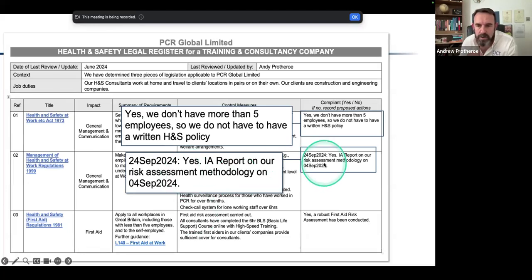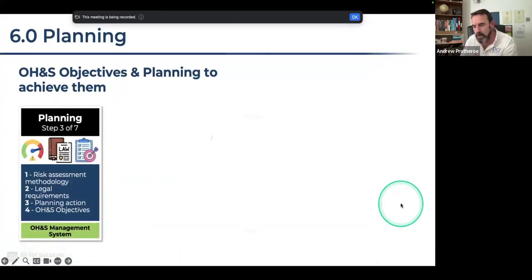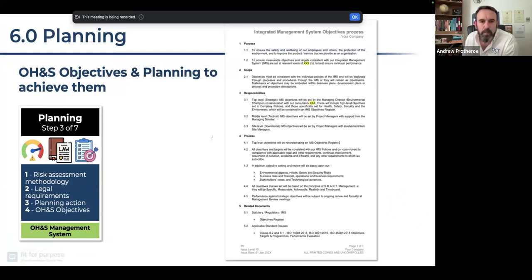So you can see here, this is good. This is good juju here. Yes, we got an internal audit report on our risk assessment methodology, and that was undertaken there. So if I'm auditing this company, I'm going to go, yes, that's good. If we get into this, no, we're not. We know that's wrong. And there's a couple of other things wrong in here as well. But legal and other requirements, they're going to catch us later on.